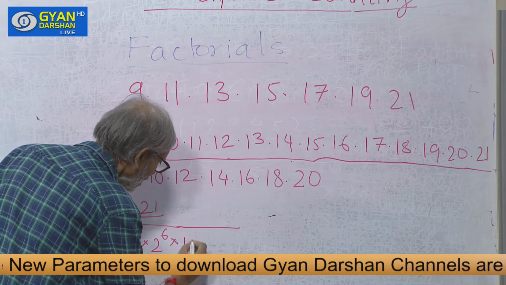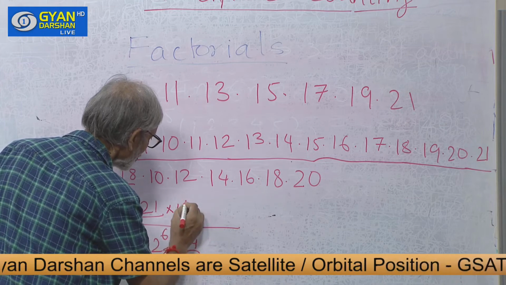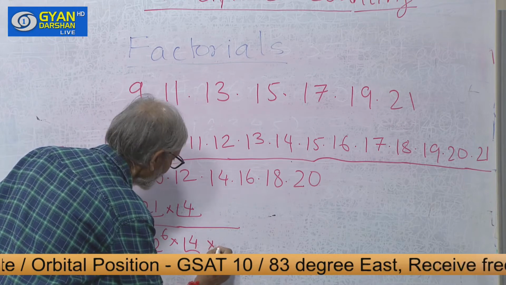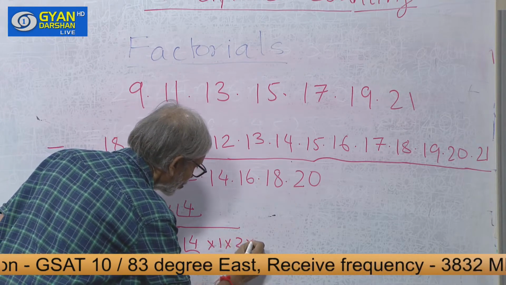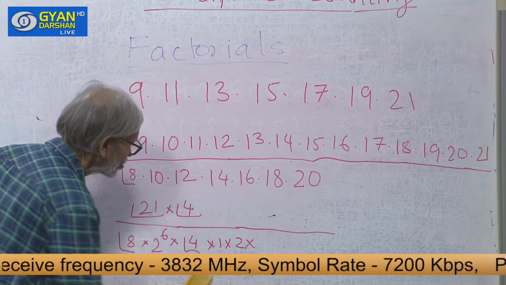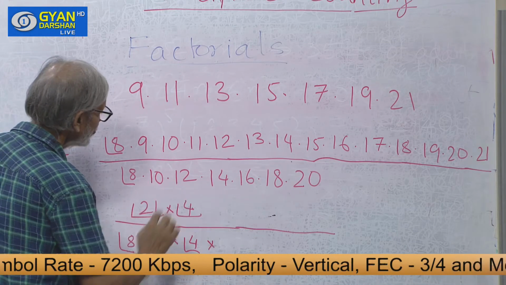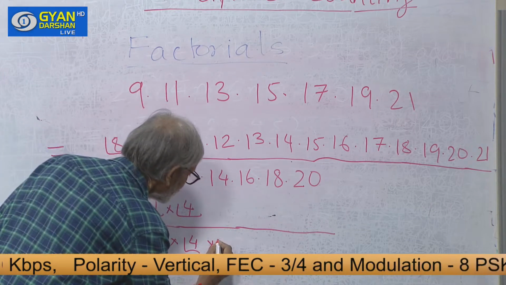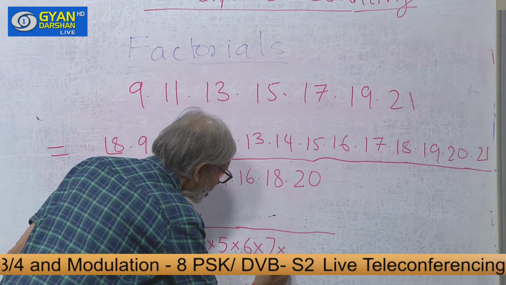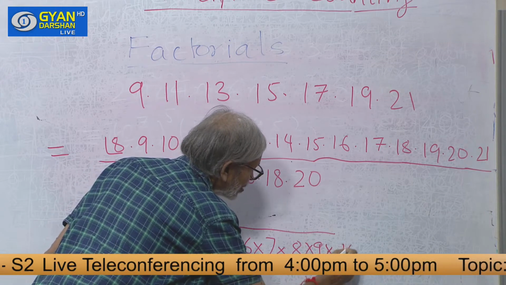So, I will multiply here by 4, in the denominator also I will multiply by 4, and then it starts from 5, 5 into 6, because 2 I have taken out, 5 into 6 into 7 into 8 into 9 into 10.